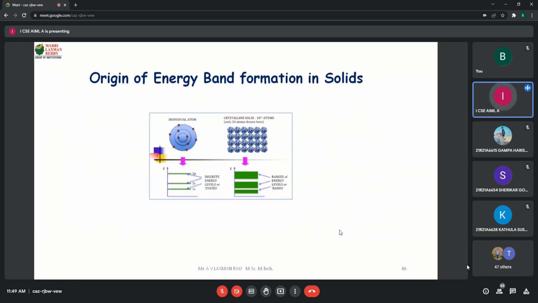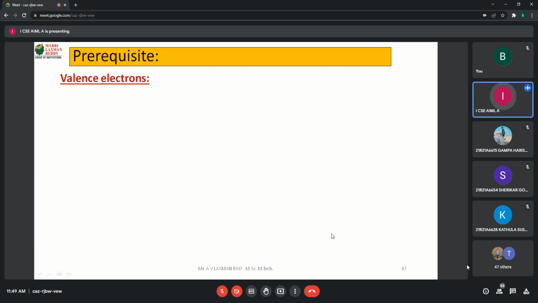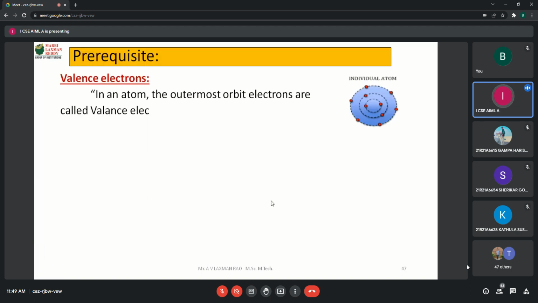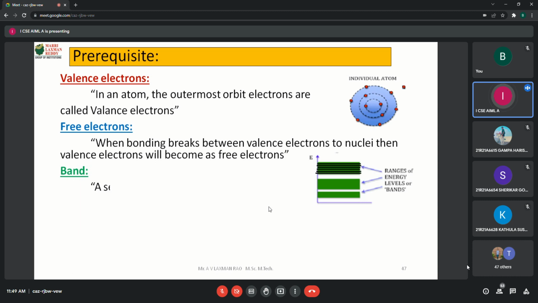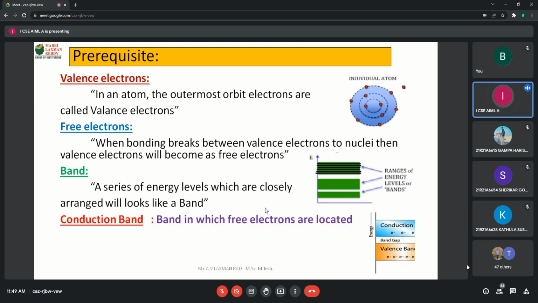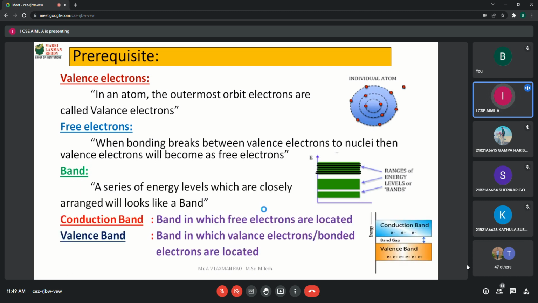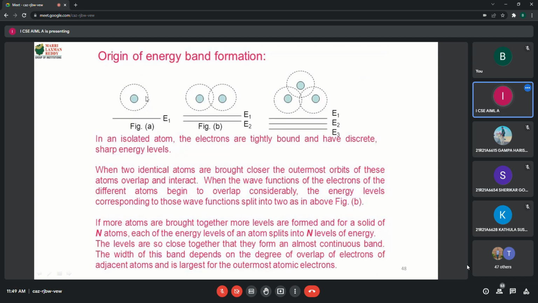Next, origin of formation of energy bands. If atoms are arranged very closely, what is happening? Overlapping of the orbits can be seen, that is, overlapping of the wave functions of the electrons. For a single isolated atom, a single energy of the electron moving around the nucleus can be expected.